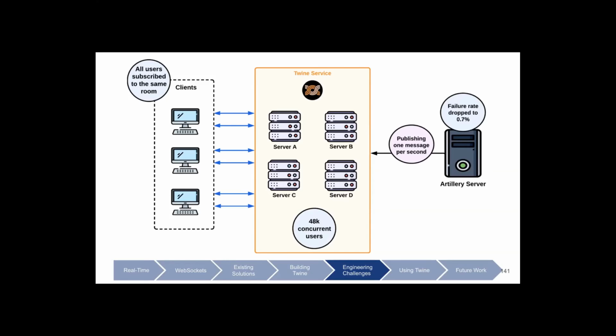It was only after simplifying the testing logic that we saw a successful test of 48,000 concurrent connections with a 0.7% failure rate. We believe the failed message delivery was caused by an artillery server bottleneck, the load testing configuration, or a combination thereof. Our load testing journey with artillery provided valuable insights into Twine's performance under challenging conditions.